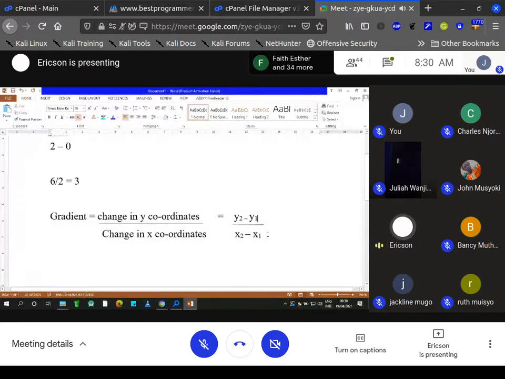Basically, it's just high school graphs. So this is it: y2 minus y1 divided by x2 minus x1.